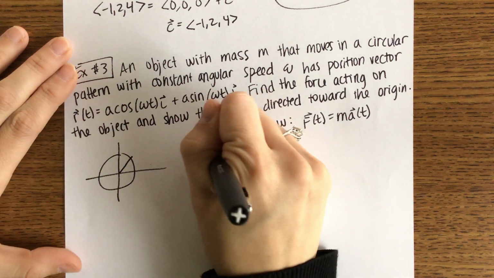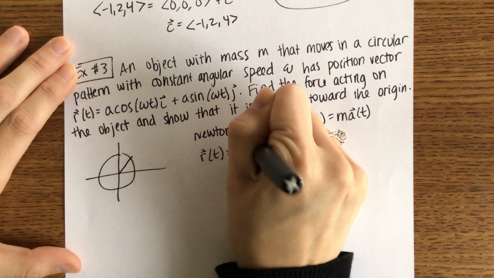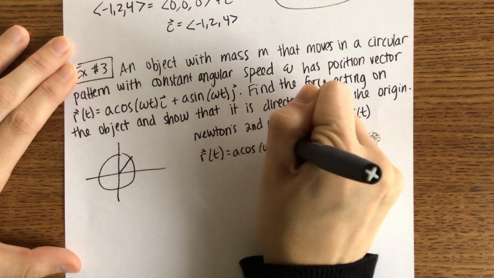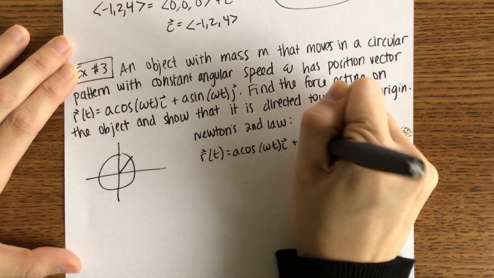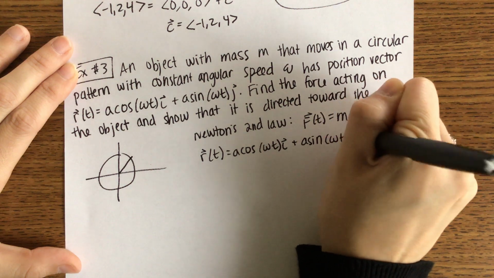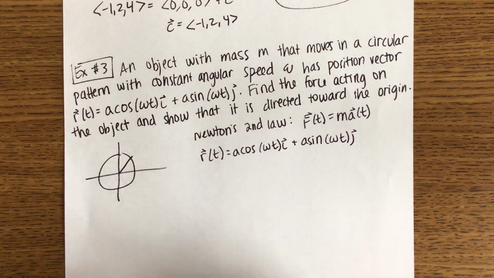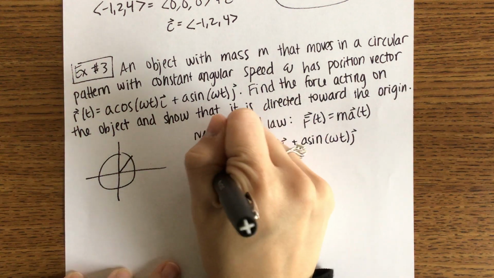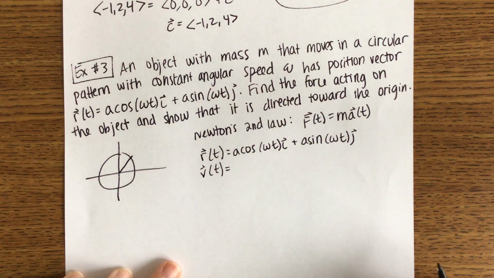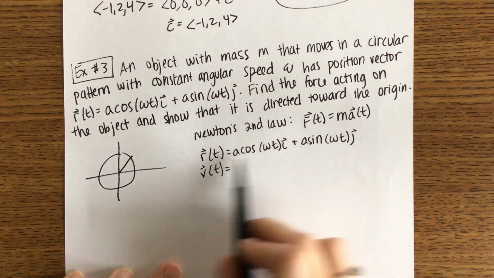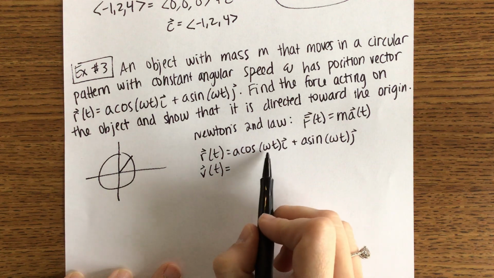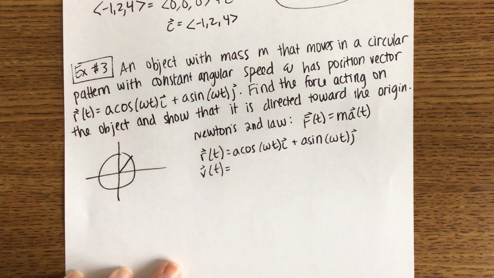We know that r of t is equal to, like I wrote above, a cosine of omega t i plus a sine of omega t j. Velocity is the first derivative of the position function, so we're going to have to take the derivative here, keeping in mind that omega is a constant, so we're going to have to do the chain rule.